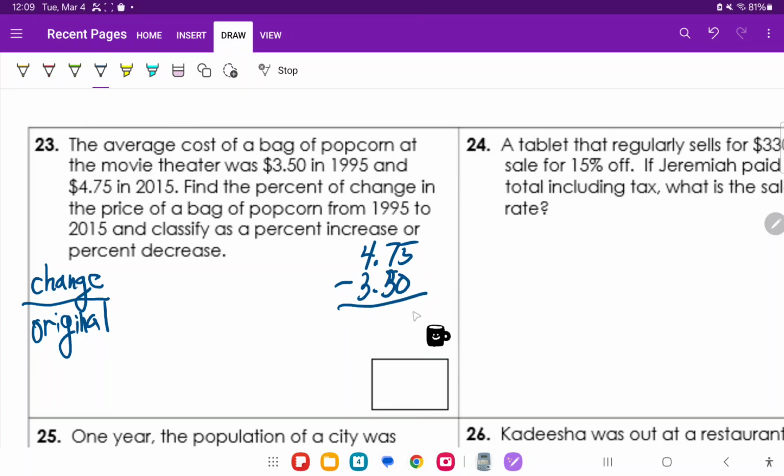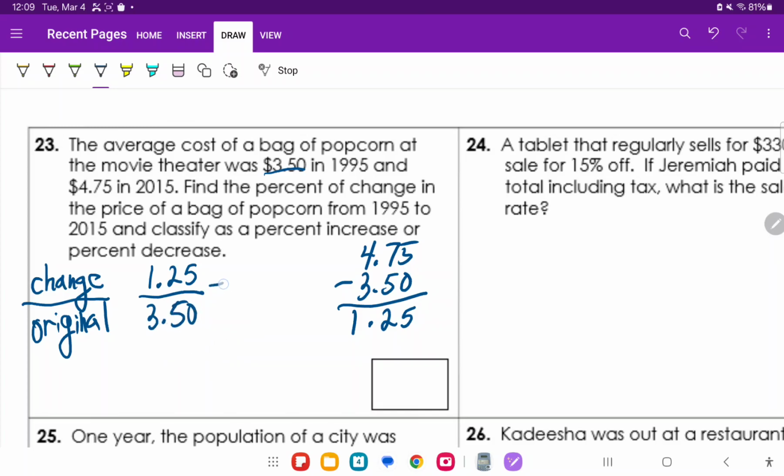Okay, so it increased by $1.25. To get our percent of change, we do $1.25 divided by the original number, which in 1995 was 3.50.